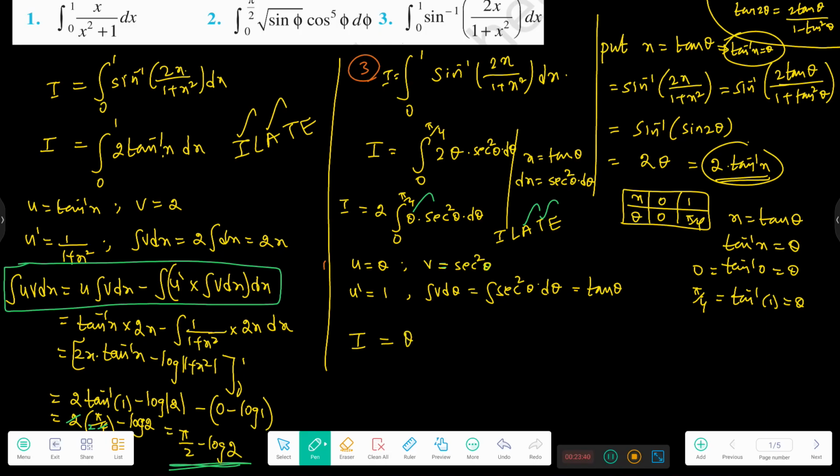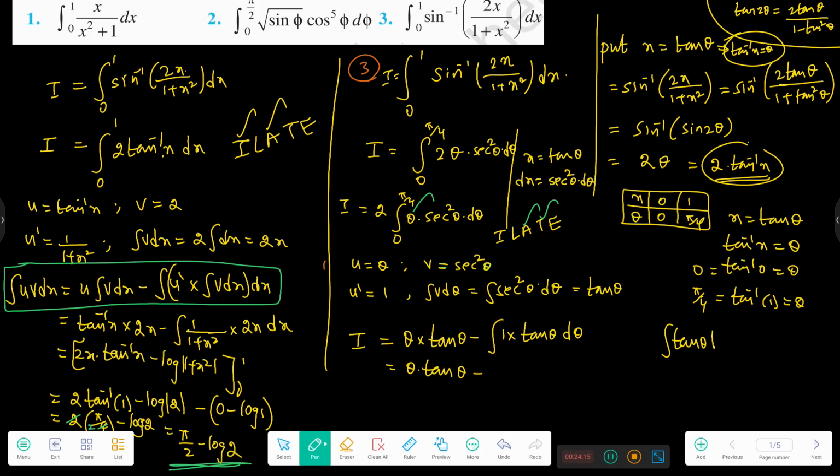First u value theta into integral v d theta, that is tan theta, minus integral of u dash, which is 1, into integral v, that is tan theta, d theta. So what I am getting is theta into tan theta minus 1 into integral of tan theta d theta.